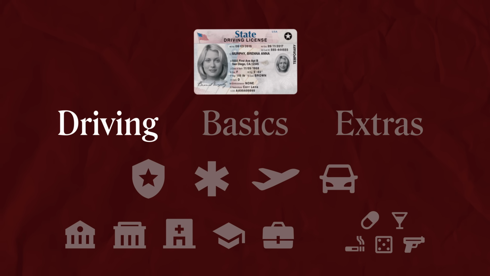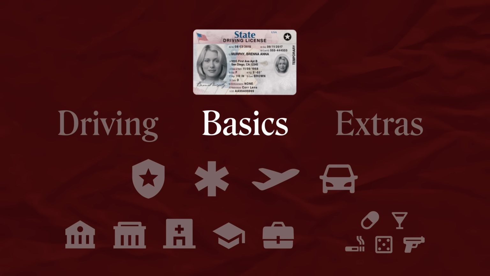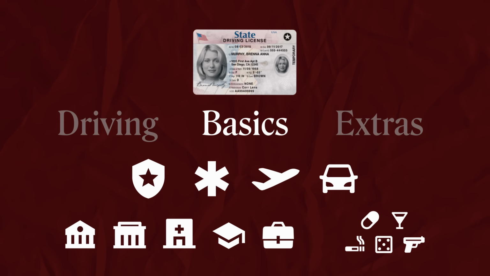First, driving details. This includes your license number, class, issue and expiry dates, and any noted restrictions. Only a few stakeholders on this list actually need these, but in those cases, it's generally an interaction with some consequences, so that's fairly important. Then we have identity basics. Almost everyone is going to need what you look like, your name and age.